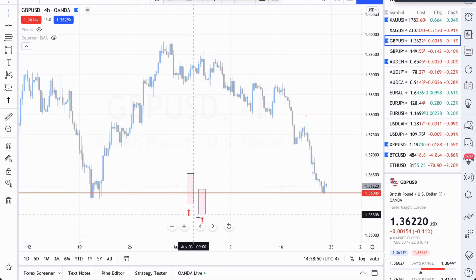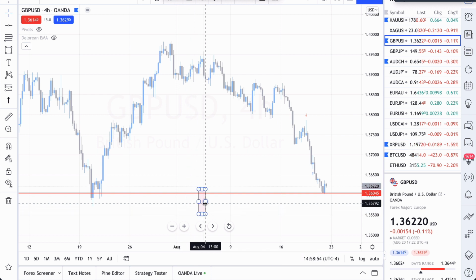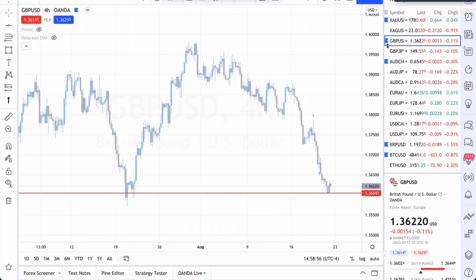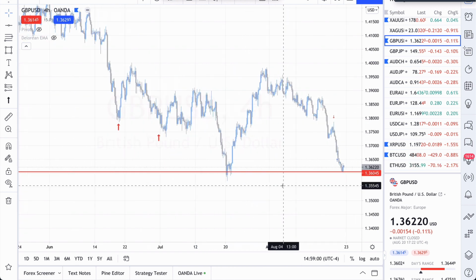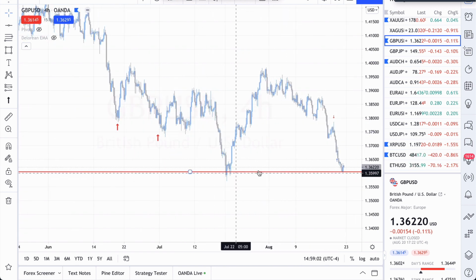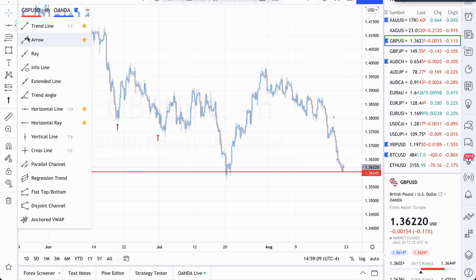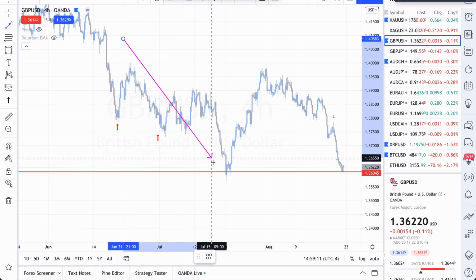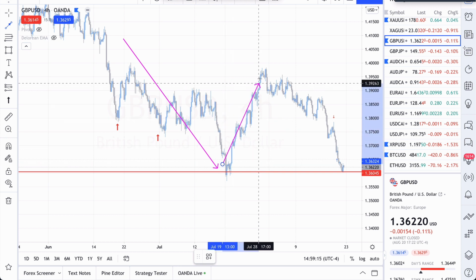On a buy, same thing. This is a level of support. Being that this is a level of support, I would be looking for rejection, meaning price comes to this area and reacts at this point as it did.